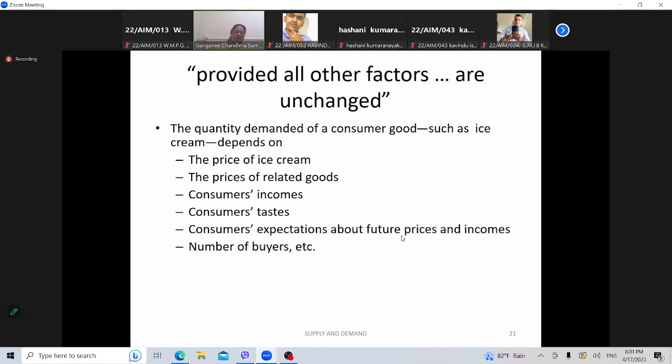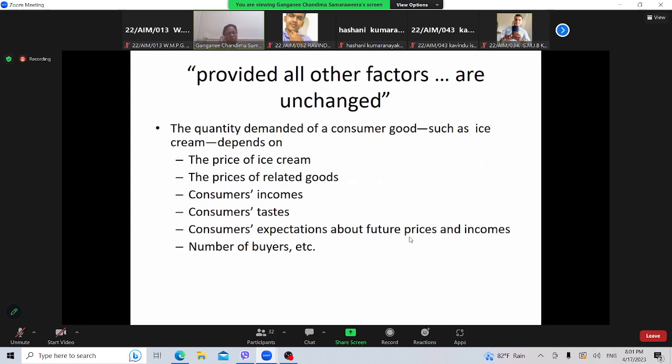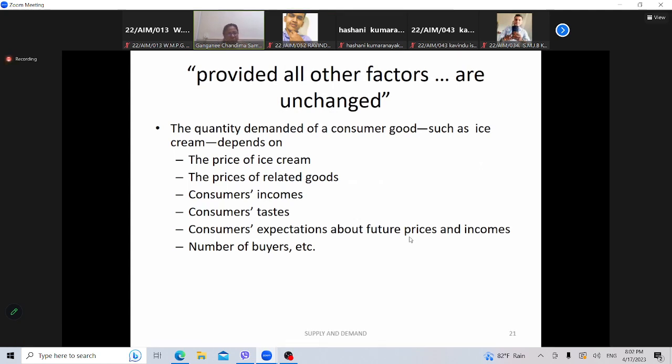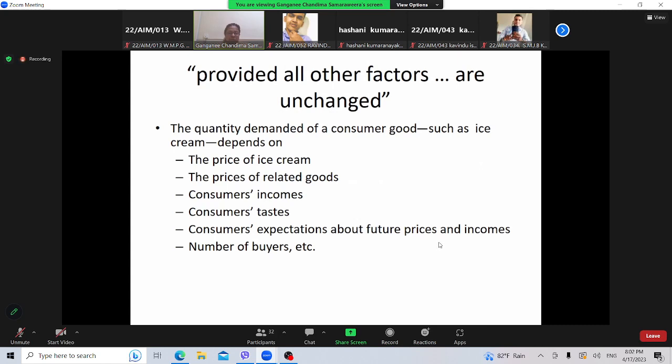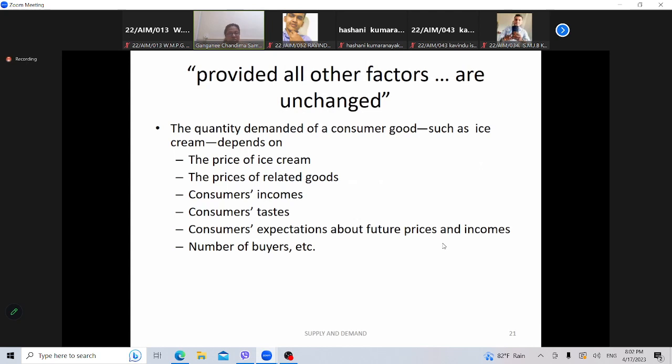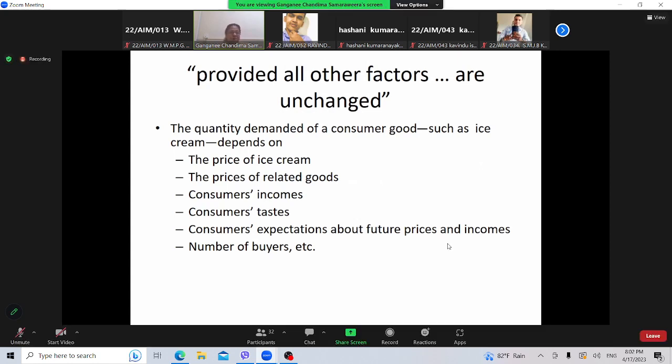It depends on the price of the ice cream, the price of other related goods, not only ice cream, maybe chocolate, maybe cones, lollipops, or any other ice products, or consumer income, consumer taste, consumer expectation, and how many buyers, how many consumers there are. So everything determines this quantity demanded.